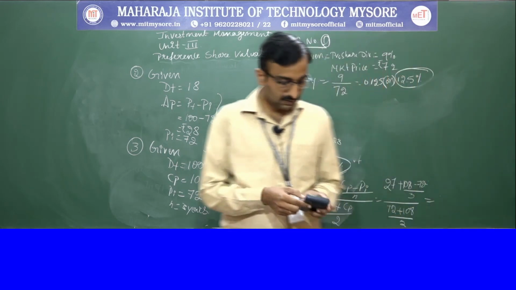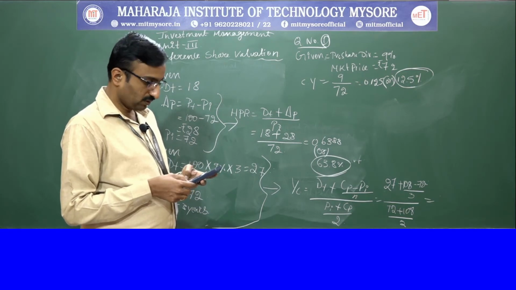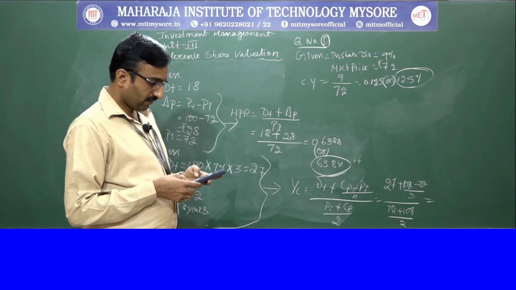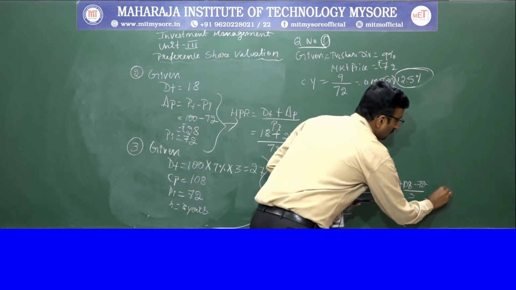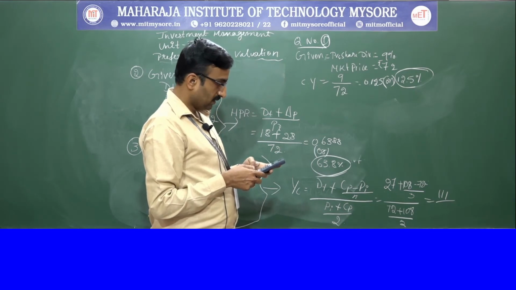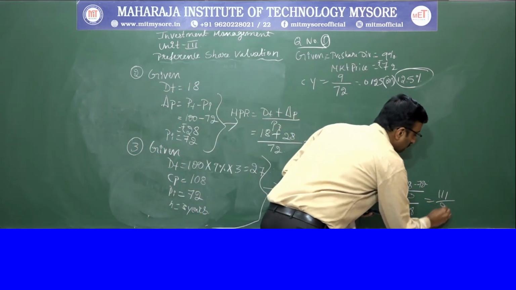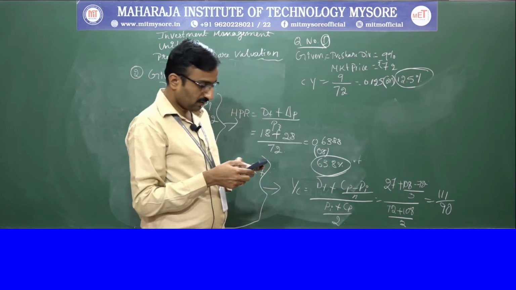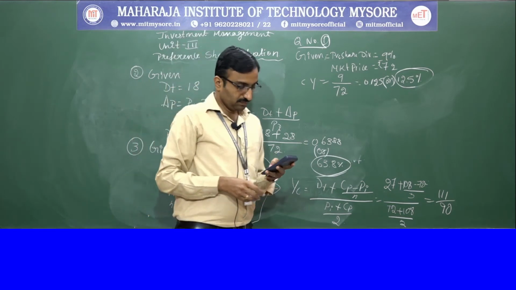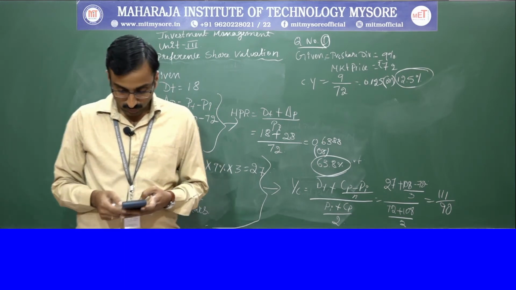So, do the calculation. 72 plus 108 is 180 divided by 2. It is 90.